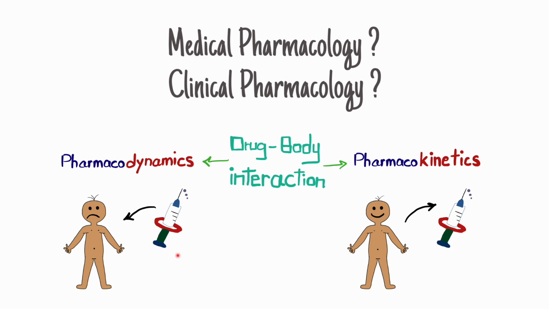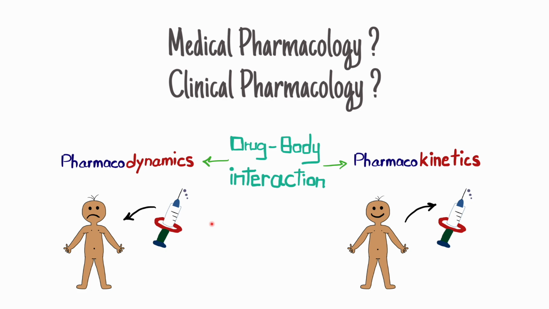To give an example, we have the ACE inhibitors. These are drugs that are used to treat hypertension. The mechanism is that they block a specific receptor, block an enzyme, and as a result, this is their mechanism. But the effect is that the blood pressure will drop and be controlled.